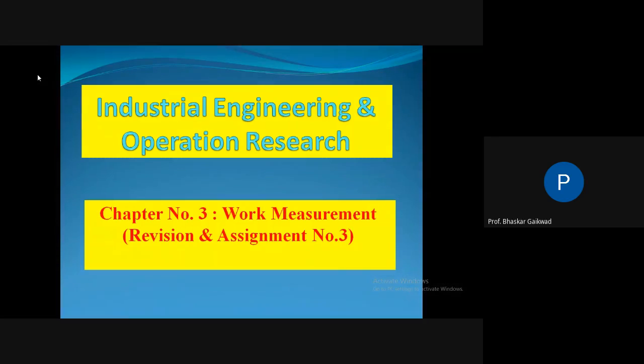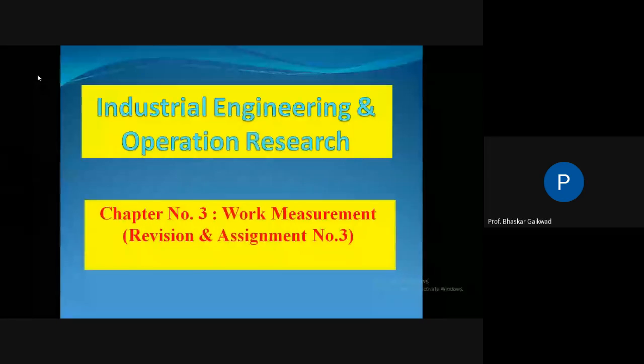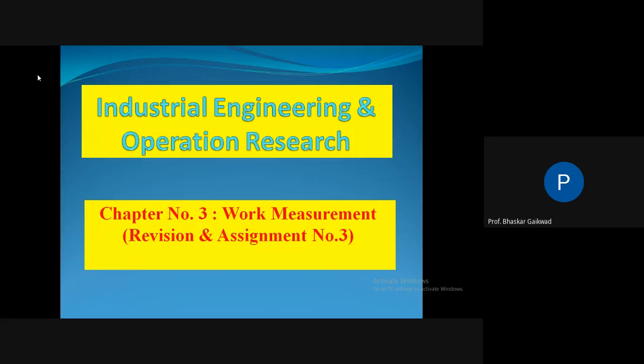The next part of work measurement is the predetermined motion time system. It means for any activity we have to decide the time required to perform it, and according to that we make use of different activities and record all these parts in one chart.